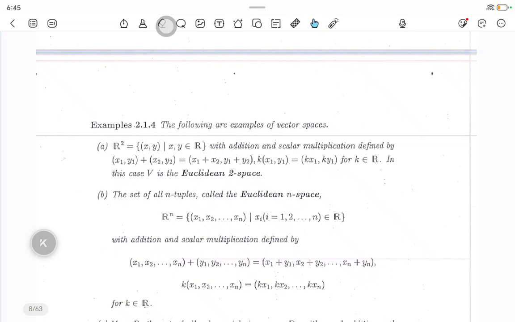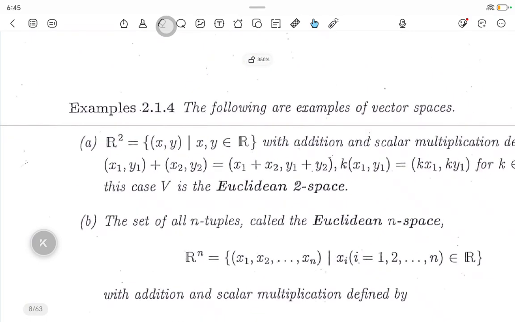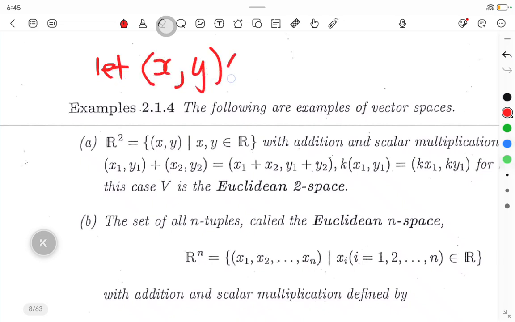In this case, V is the Euclidean two space. Guys, when we talk about two space, I saw something with some of you in the tutorial. When you say let y be an element of R, you are wrong, right?